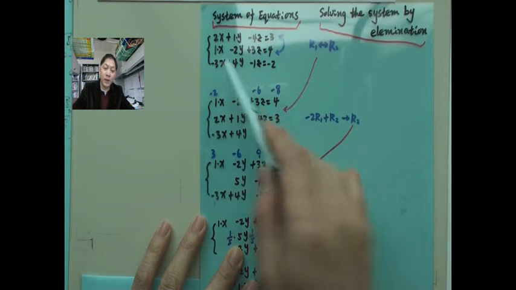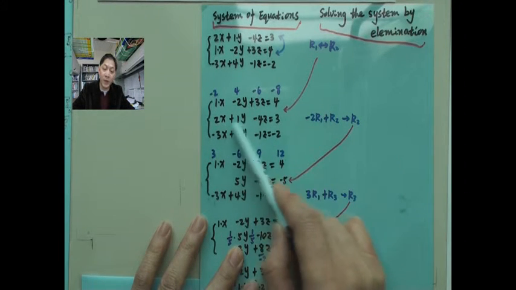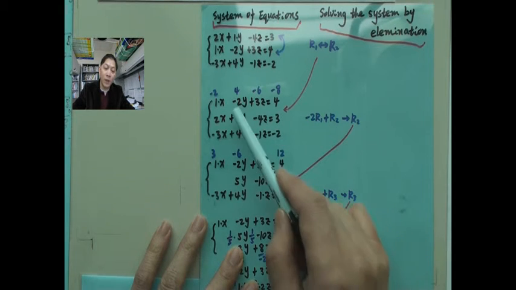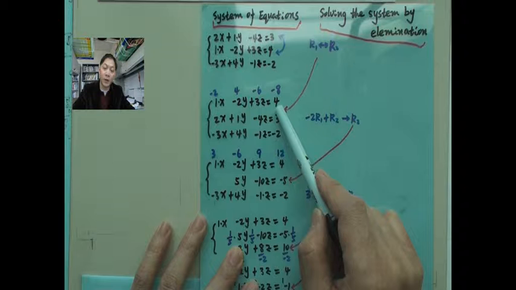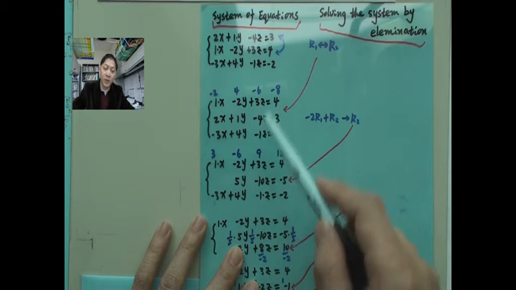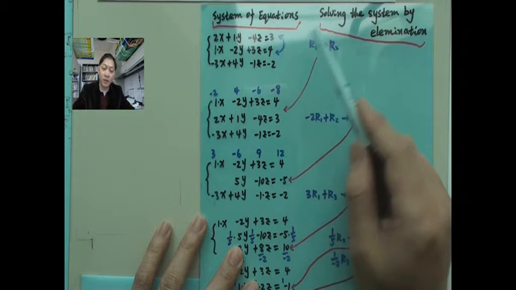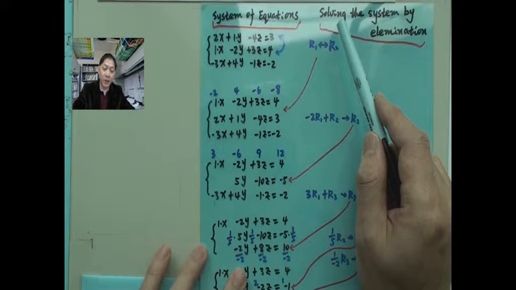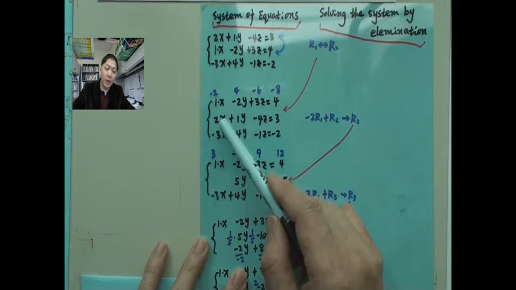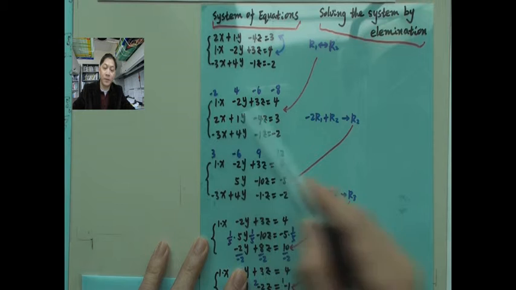So you can see 2x plus 1y minus 4z equals 3 is now right here, and 1x minus 2y plus 3z equals 4. This first equation was the second one, so I exchanged the first two rows. The reason is that I want to keep this x and eliminate these two x's.